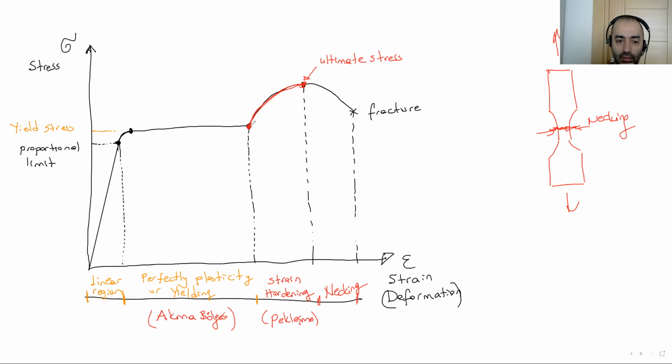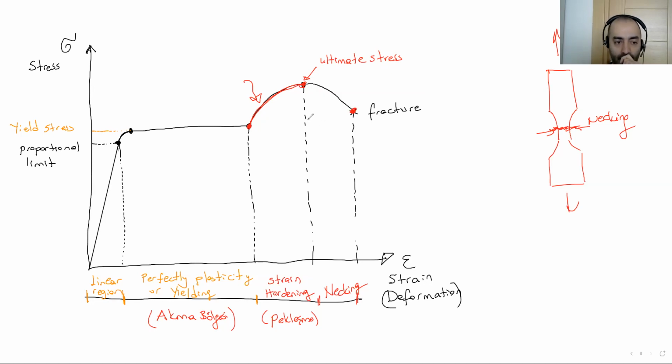After this point, steel again starts to carry some more stress. You can see stress increase up to ultimate stress. This increased region, this behavior is strain hardening. After the ultimate stress, necking occurs on the section, and the area at the necking region gets smaller and smaller, and then suddenly it fractures at this point.